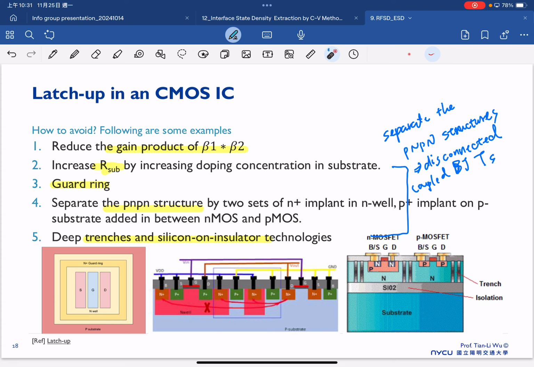And the substrate resistance is the same: if we increase the resistance, then we won't have the current flow. And this is a guard ring. Guard ring is here. So now you can see if we have a guard ring protecting the inside, then this guard ring can prevent the nearby BJT from coupling to our original transistor.